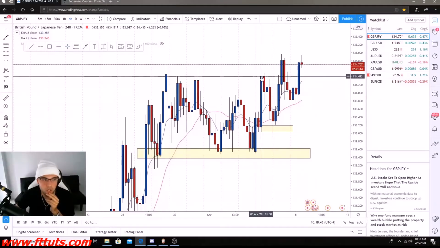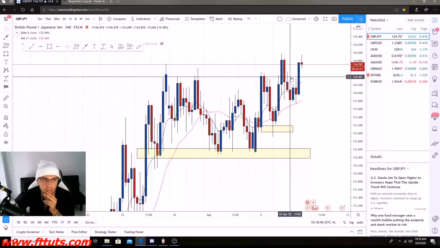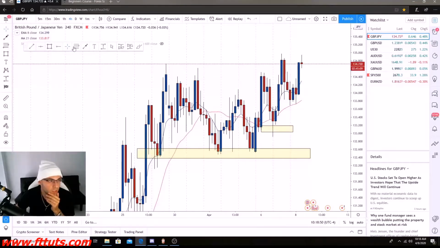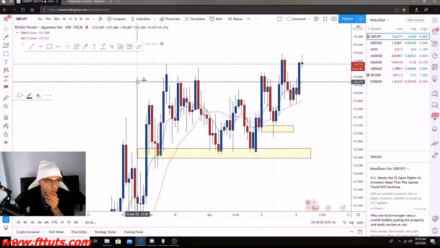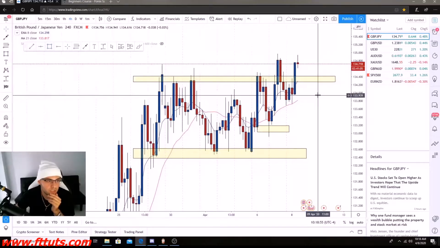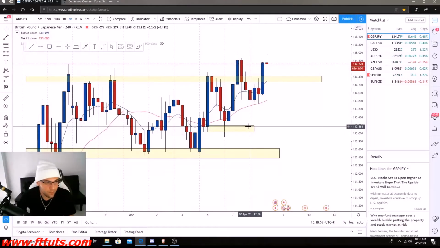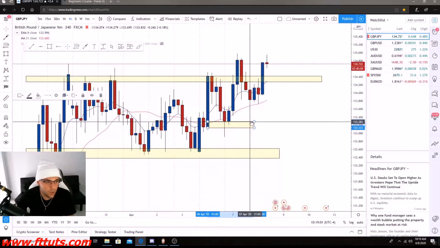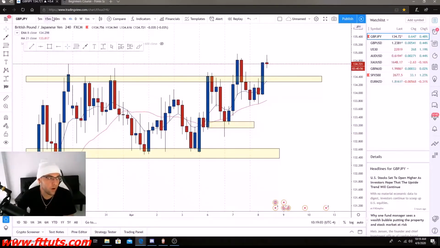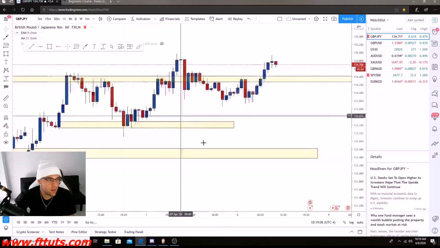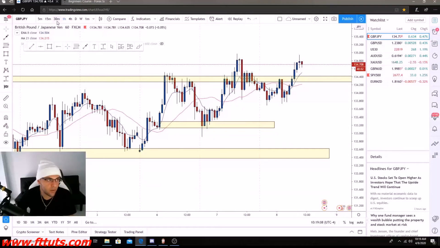So what happened? We had new higher highs being created, and boom. Let's run our little resistance right up here. This was resistance. So what do we do here? We had a new form of support close right here on the 4 hour, especially the 1 hour, 30-minute.